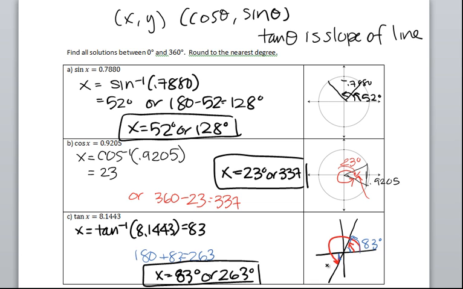So whenever you take an inverse sine, inverse cosine, or inverse tangent, you need to find a second angle. And whether the book or I ask you or not, always draw a picture, because that will help you visualize what you should do. I'm talking about this calculation, and this calculation.